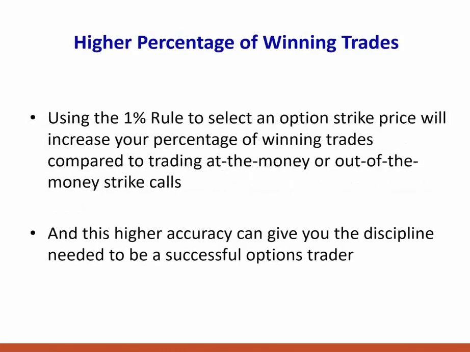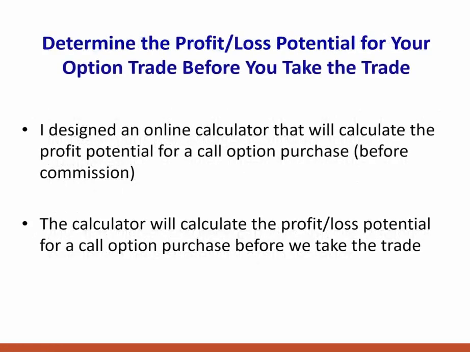So using that 1% rule to select an option strike price will increase your percentage of winning trades compared to trading at-the-money or out-of-the-money strike calls, and this higher accuracy can give you the discipline needed to be a successful options trader.